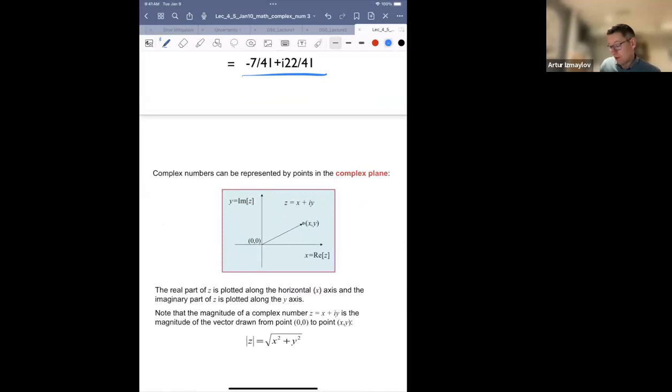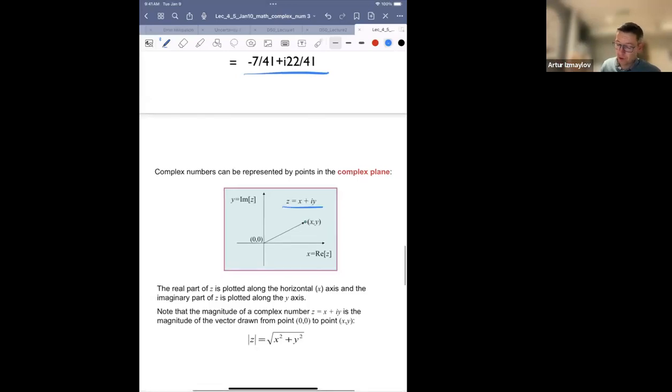Now, another thing is how you can visualize complex numbers and a different representation of complex numbers, called polar representation. Since a complex number is just a point on the complex plane, you can characterize this point by x, y coordinates, or by the angle and the radius.